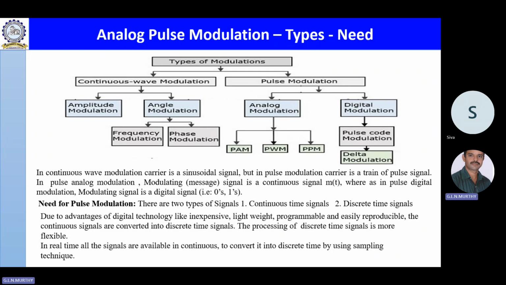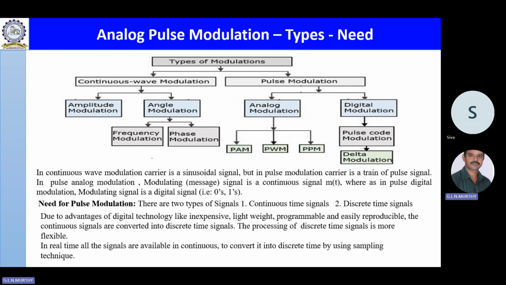Continuous wave modulation techniques have a broad classification into amplitude modulation techniques and angle modulation techniques based on the parameter varied. In amplitude modulation, amplitude varies. In angle modulation, angle varies.